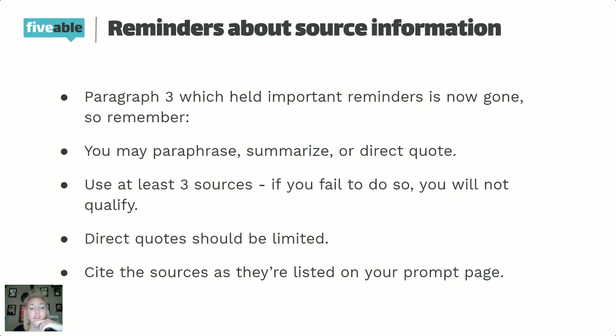You need to make sure that you're putting source A, source B, or the information that's in the parentheses, so that they can check and make sure you have all 3 of those and you get credit for having those in your essay. So citing is just as important on this timed essay as it would be if I was writing an MLA style research paper and finding outside sources. You have to cite what you're using.